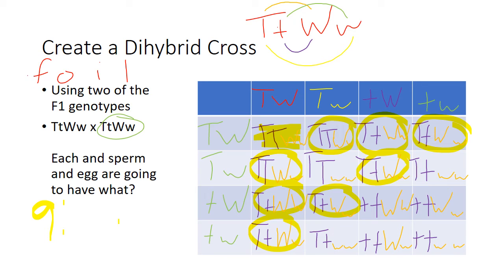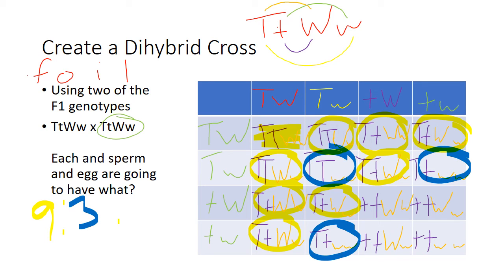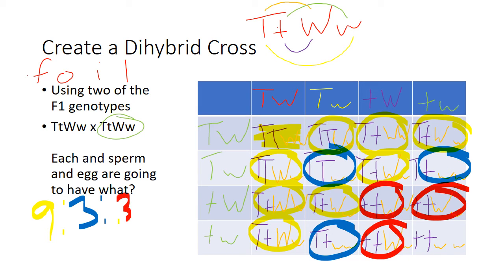We'll go and circle in blue now. And they're going to do tall and white. So we'll circle all those that are tall and white. That's 3 that are tall and white. And let's circle all the ones that are now short and purple. 3 are short and purple.